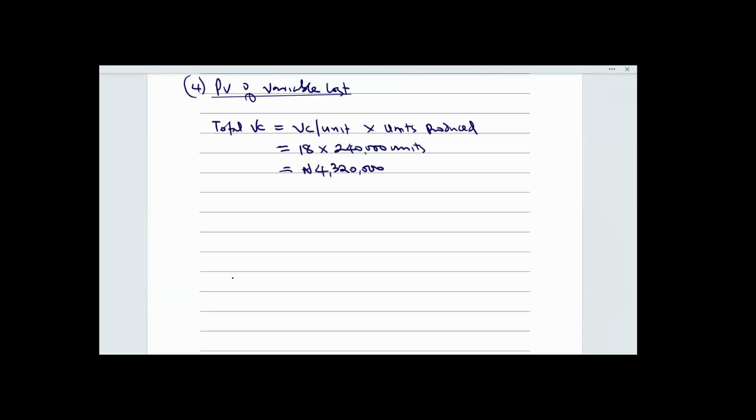So to now get the present value of variable costs, this will then be equal to the total variable cost of 4,320,000 multiplied by annuity factor. Annuity factor is 4.659.